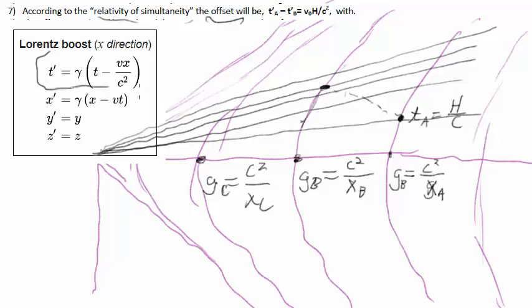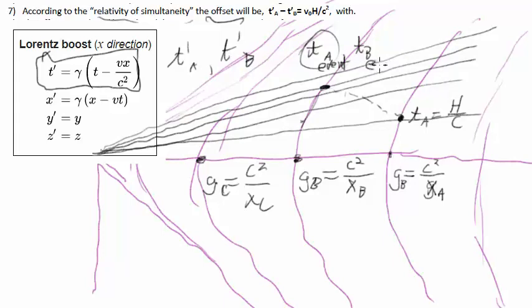But okay, let me just do this then. If we wanted to calculate, given T1 and T2 are T sub A and T sub B, and we wanted to find T prime of A and T prime sub B, first of all, note this is going to have to be a time of a certain event, and this is going to have to be a time of a different event, and then these are the same two events in the primed reference frame.